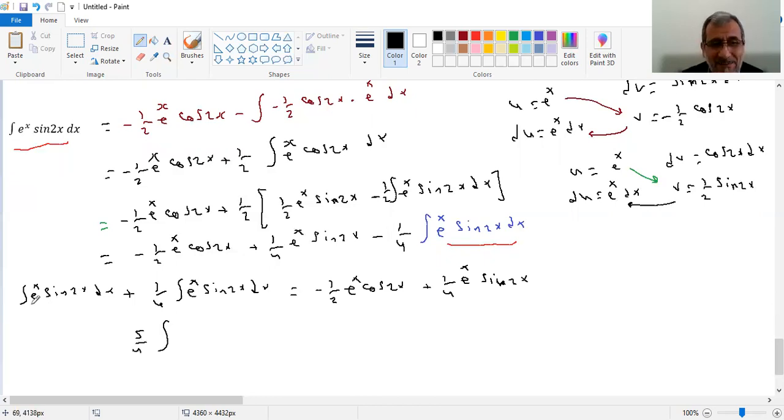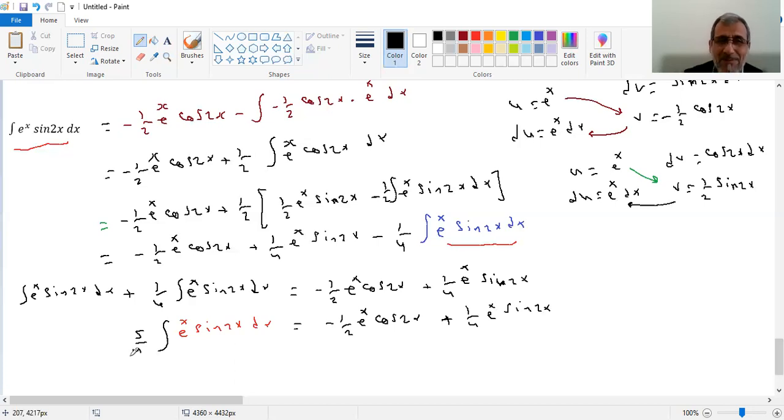What is the y? See, this is what I said this is y. Well, this one is 1 over 4 y. So we have 5 over 4 y if we add them. The y is the integral e^x sine 2x dx, equal to negative half e^x cosine 2x plus 1 over 4 e^x sine 2x.